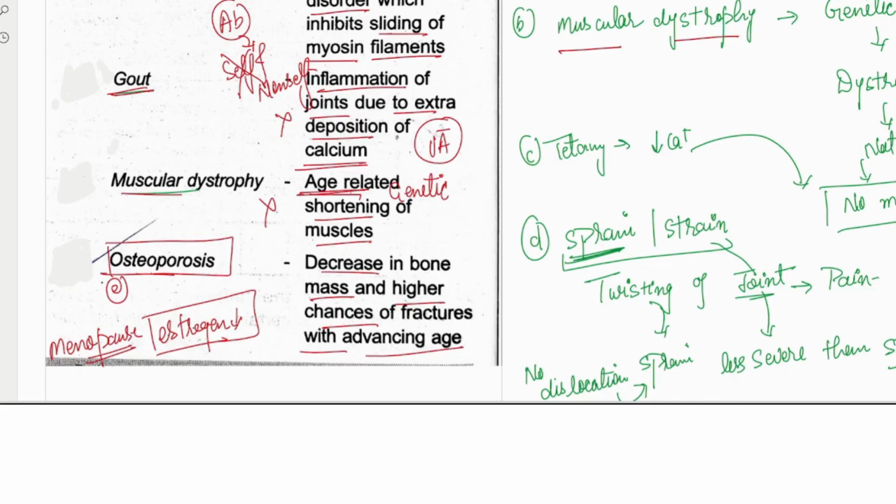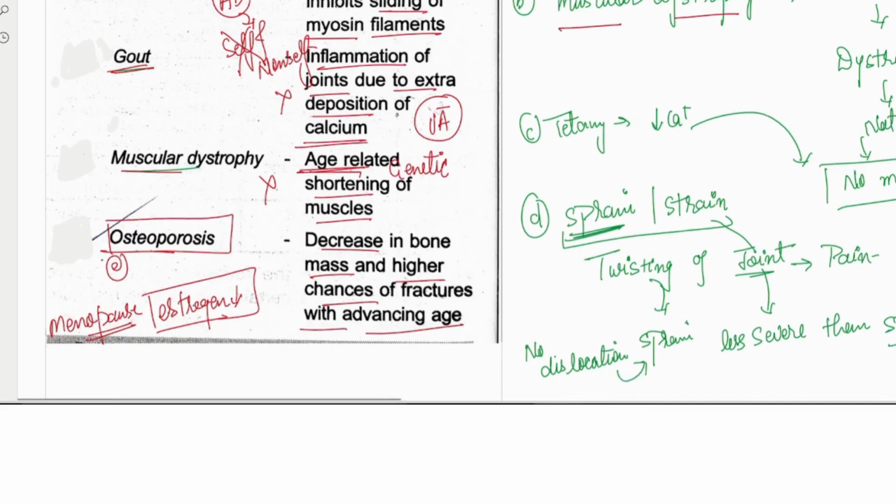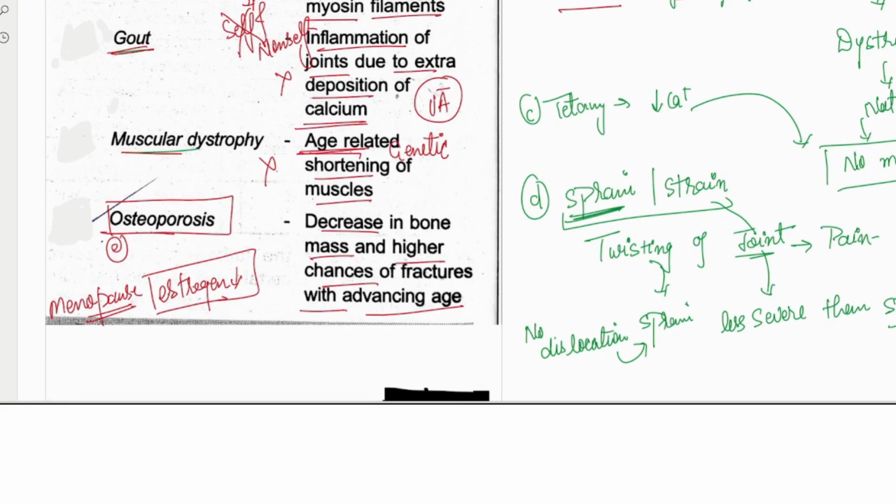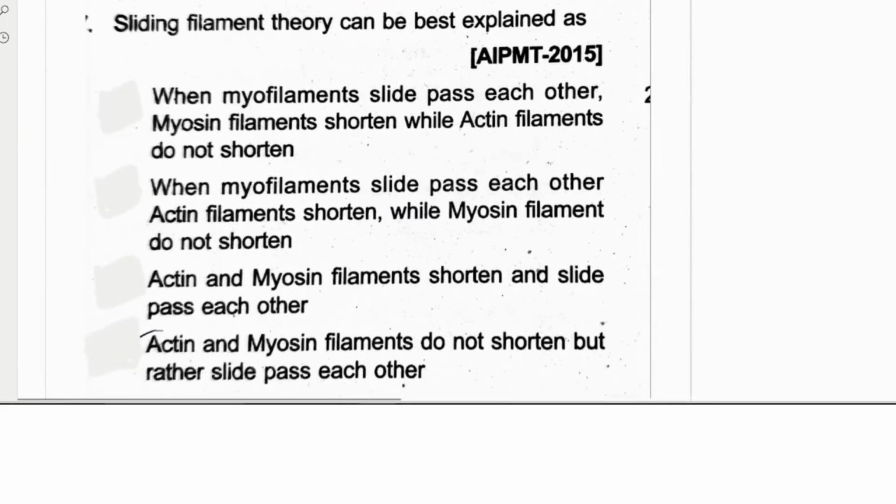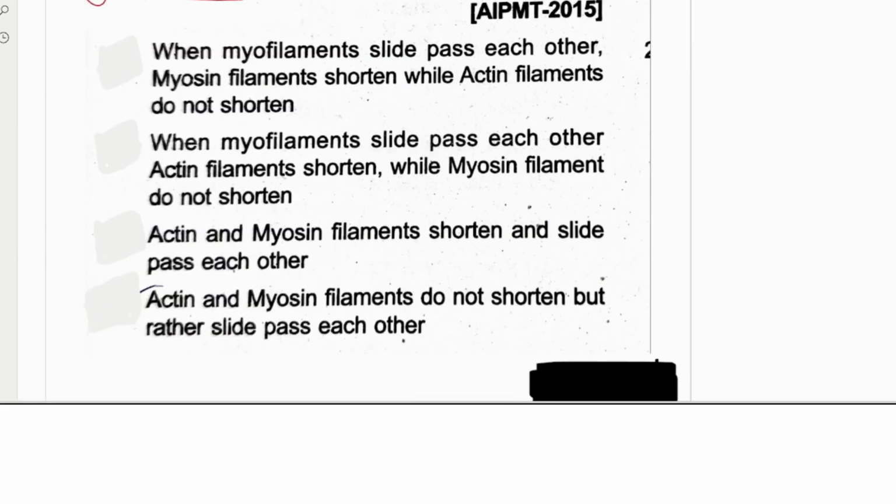Because of that, bone mass becomes very low. So that would be the correct answer. The fourth one is correctly explaining this. Okay, now question number 6: sliding filament theory can be best explained as, among these four, which one is explaining best about the sliding filament theory?